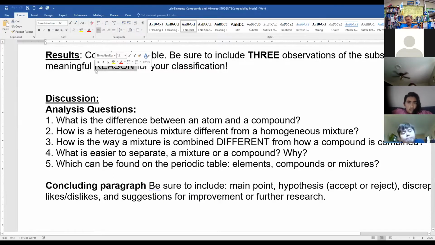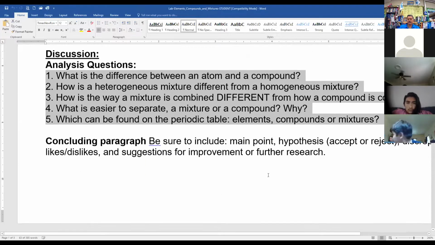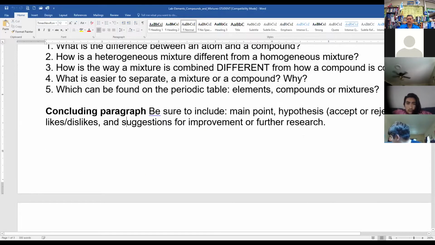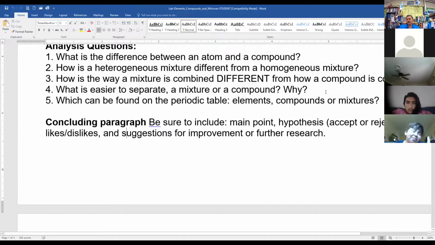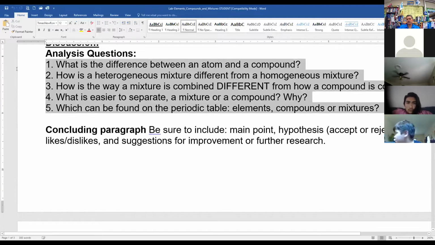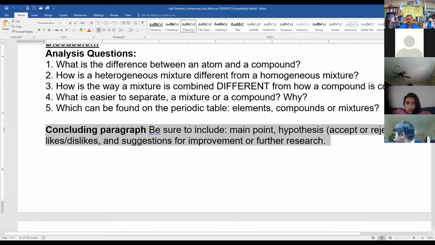So you're going to tell us how or why you classified the object as you did. And then over here, here's some questions you're going to add to the discussion. Over here it says concluding paragraph. After you answer these 5 questions, you're going to write a concluding paragraph. Be sure to include the main points, the hypothesis, discrepancies, which are problems, and your likes and dislikes, and then suggestions for improvement.